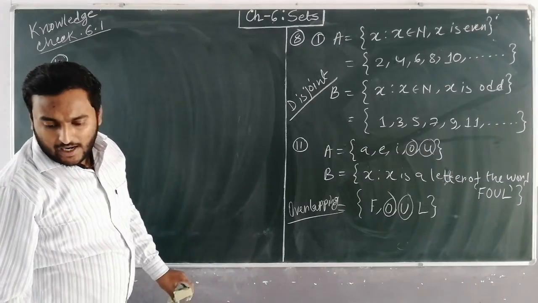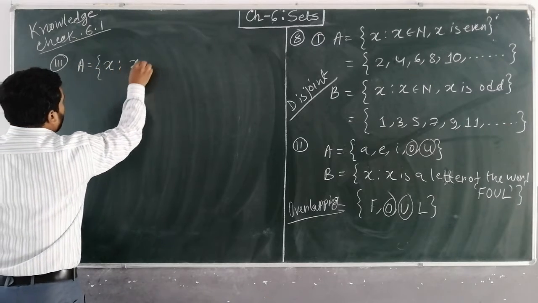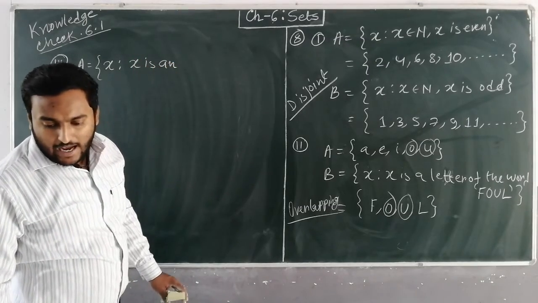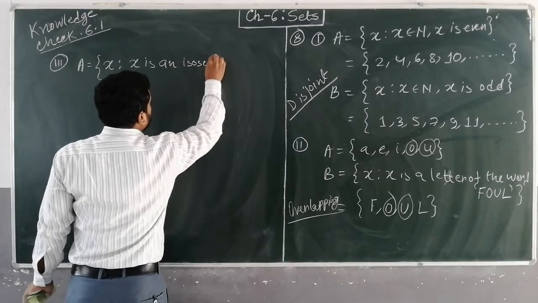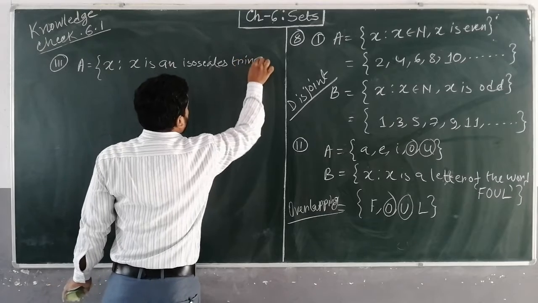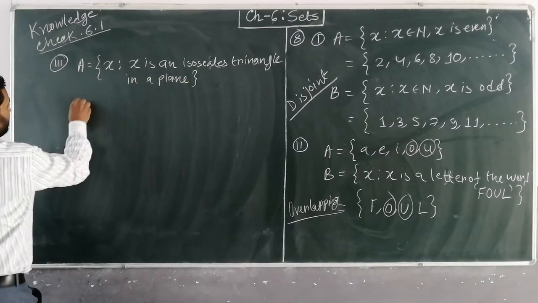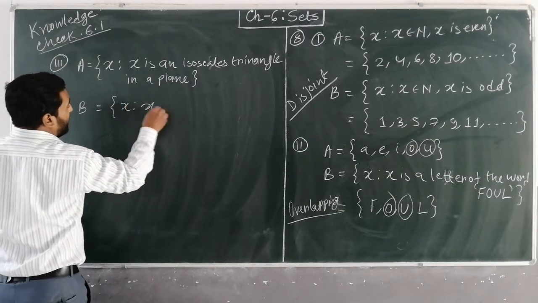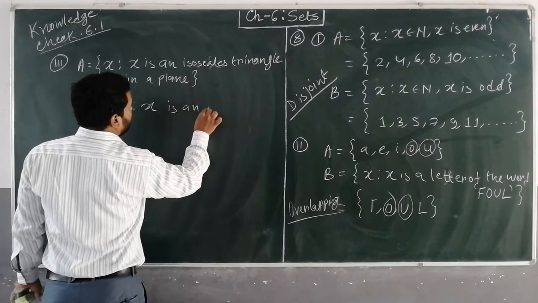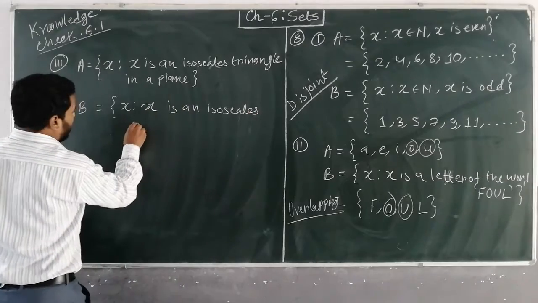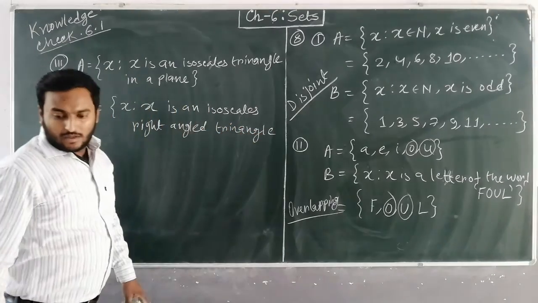In the third part it is given that A is the set of x such that x is an isosceles triangle in a plane, and B is the set of x such that x is an isosceles right angle triangle in a plane.